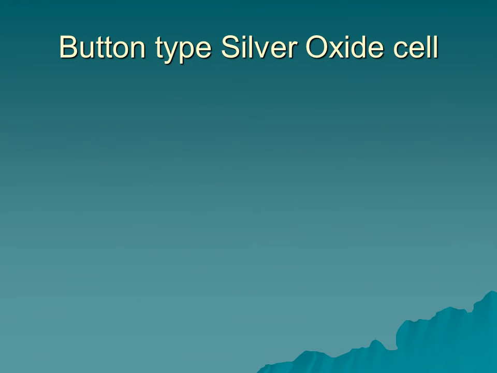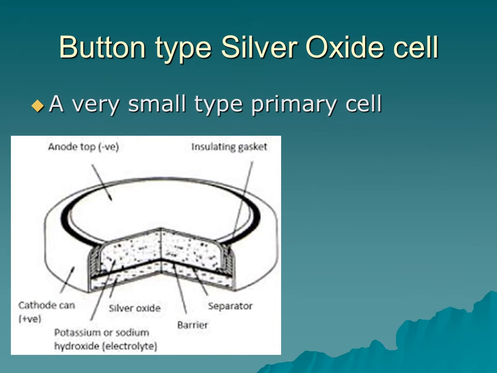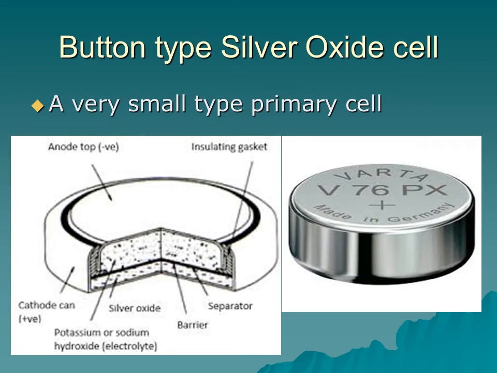Button type silver oxide cell. This is a very small type of primary cell. The anode is at the top as indicated. The containment can, which also serves as the cathode or negative, and then of course the electrolyte within.